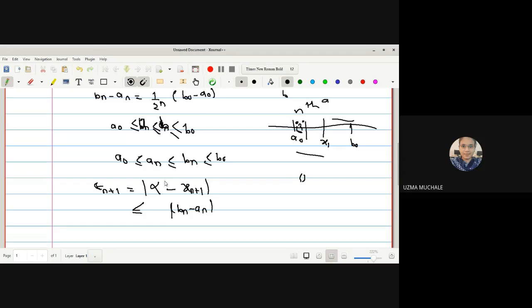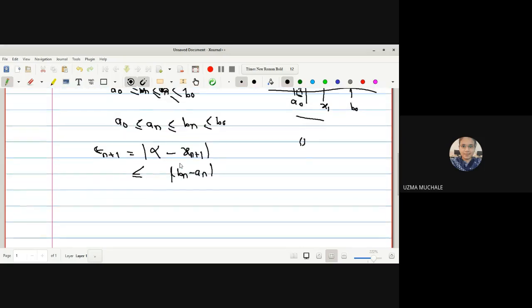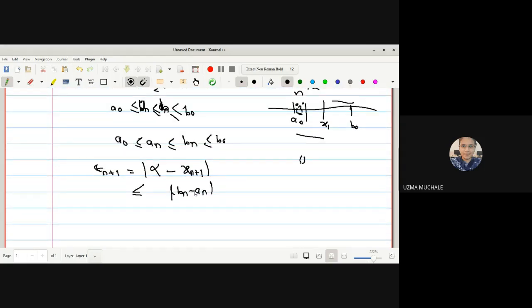These are nothing but the numbers which we are assuming. This xn plus 1 is the root which we have found, and alpha is the exact root, which will lie in this interval. So this interval will be greater than the true value minus the approximate value.